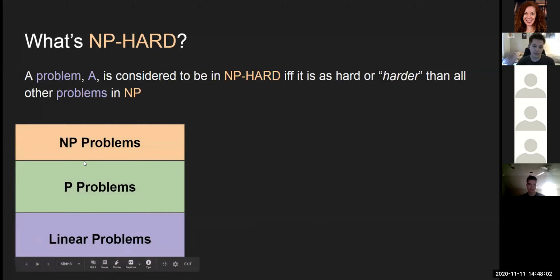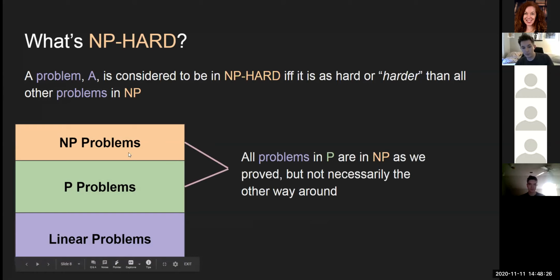One visualization that I want you to have is that we have our complexity classes like this. This is similar to a hierarchical model of complexity. If you ever take 501 with Immerman, he talks about this in quite some depth. We can think of the harder problems being above the easier problems. So we have the NP problems above the P problems above the linear problems. All the problems in P are in NP, but we don't necessarily have it the other way around, because all of NP is harder than P. So all of P is inside of NP.